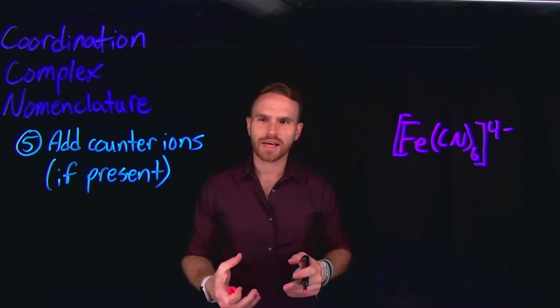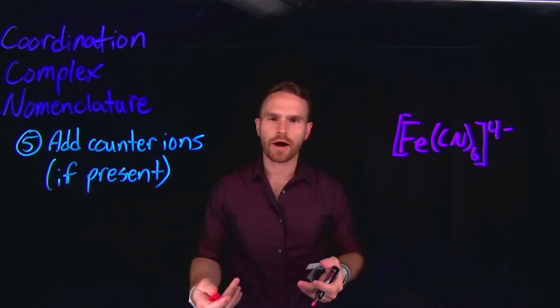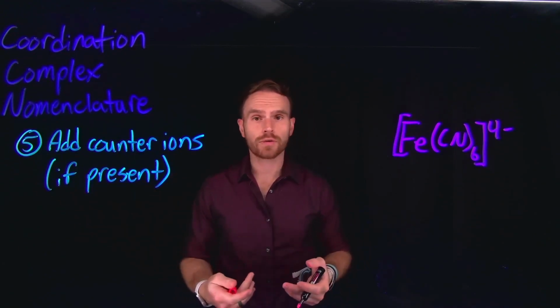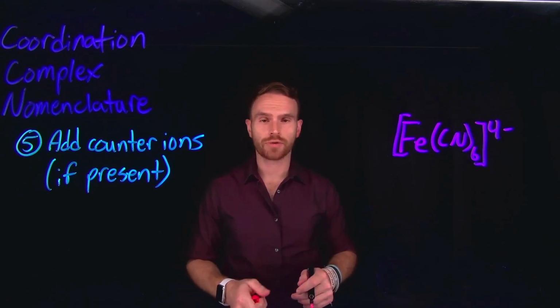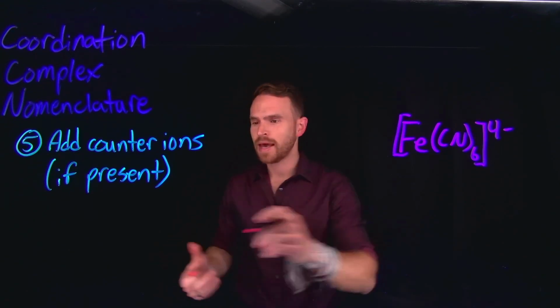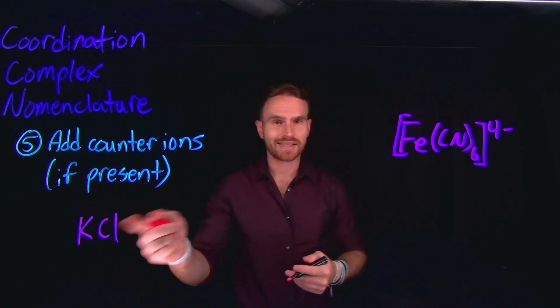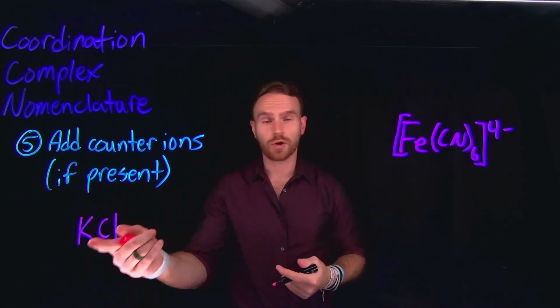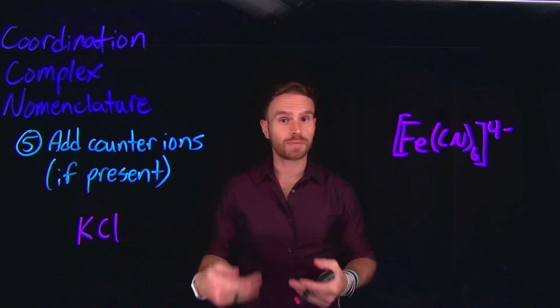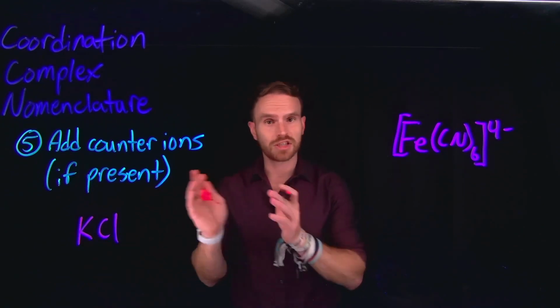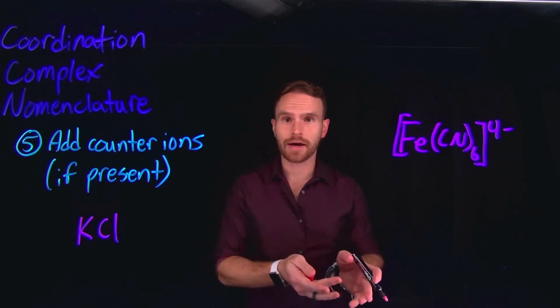The final step is to include any counterions, if they're present, following the rules of ionic compound nomenclature that you would have learned about in general chemistry. An example of this would have been KCl, potassium chloride. We name it that way because we know potassium can only have a 1+ charge because it's not a transition metal, so it's just the cation followed by the anion.